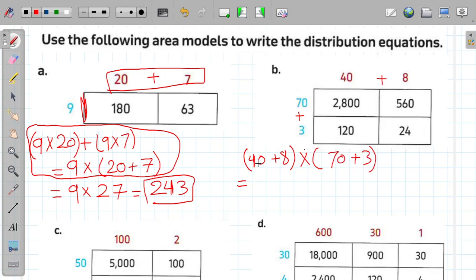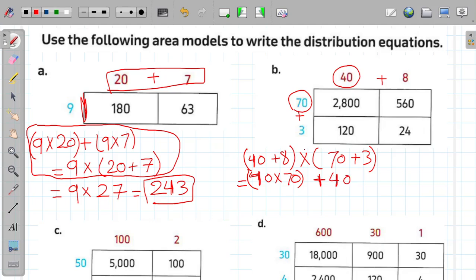Okay, so I will multiply 40 times 70. So it will be 40 times 70. Next, I have 40 times 3.